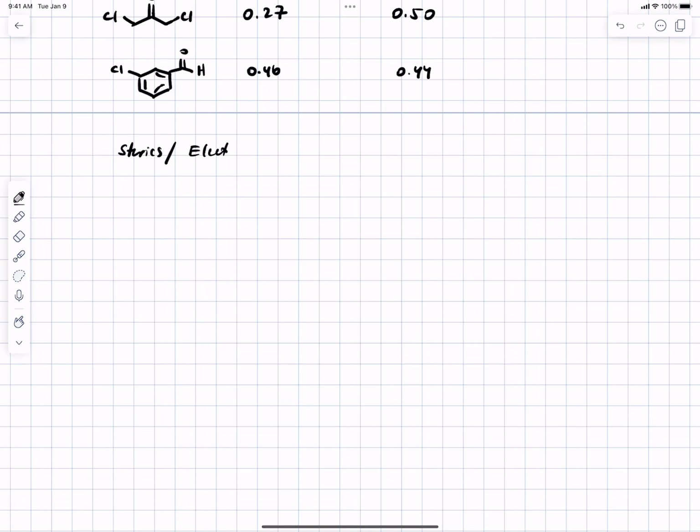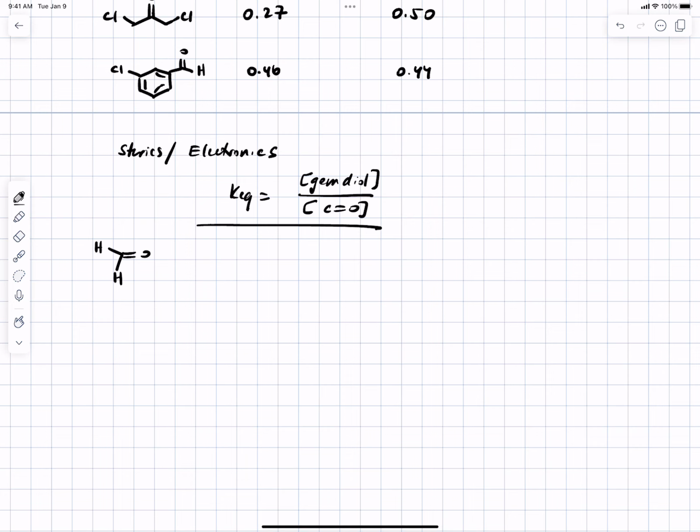So what I'll show you here is a comparison of equilibrium constants, where this is basically the concentration of the gem diol, the hydrate product, versus the carbonyl containing compound. And we'll show that for various carbonyls.